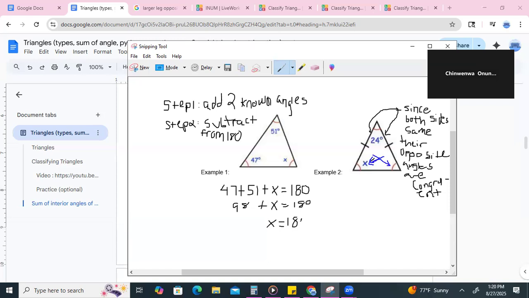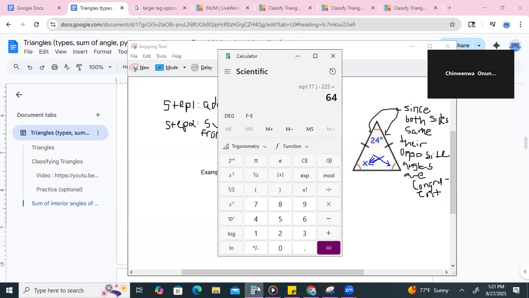180 minus 98 is 82. So we know that x is 82 degrees. I believe it's 82, but let me go ahead and just double check. 180 minus 98, 82 degrees.